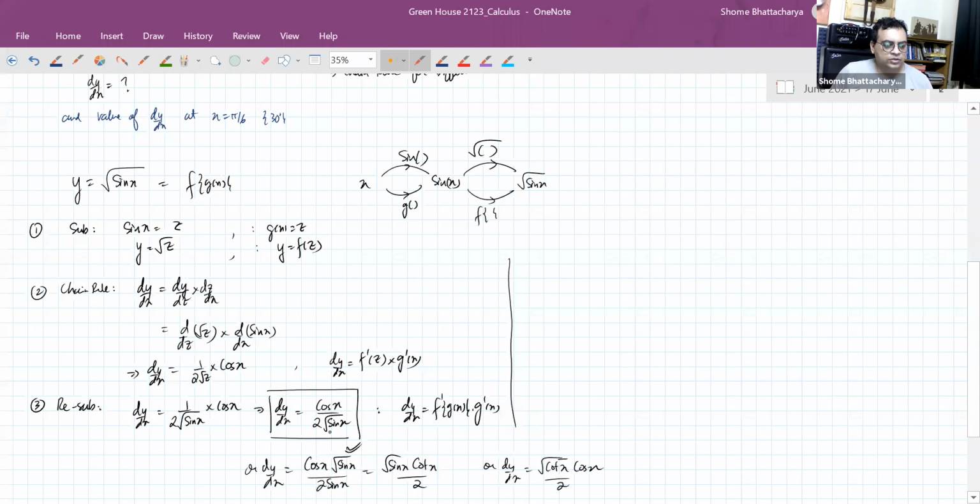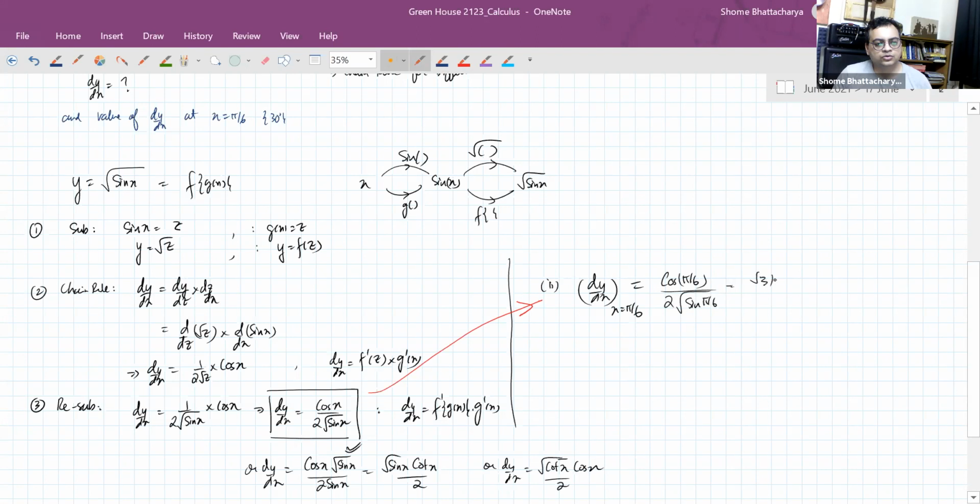Now the second part, we want to find the value of dy by dx at x equal to pi by 6. So just substitute the value of x as pi by 6 in this. So that becomes cos pi by 6 divided by 2 times square root of sin pi by 6.